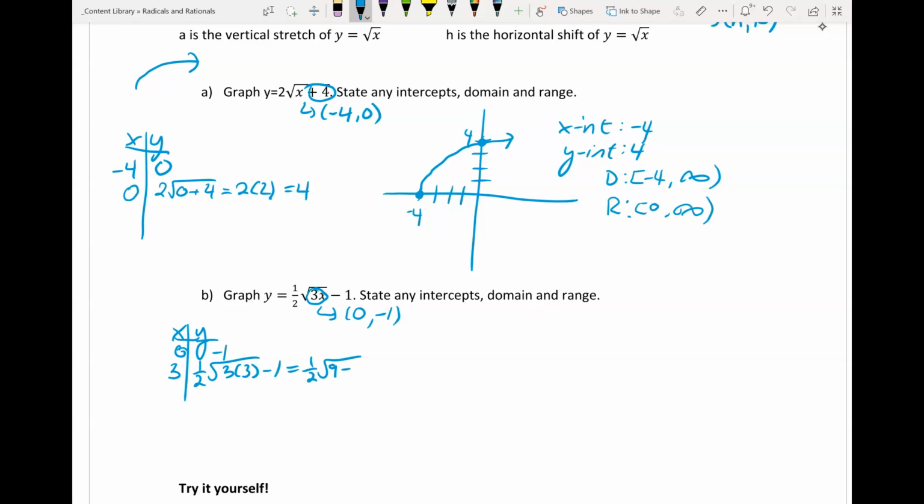That's 9 inside the square root sign, and then minus 1. The square root of 9 is 3. So now we have 3 over 2 minus 1, which is 1.5 minus 1, we're left with 0.5. So that is our other point.